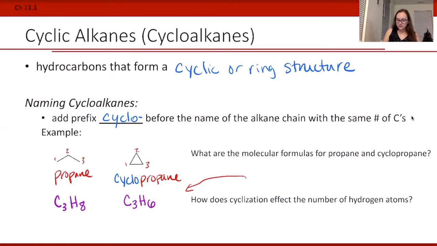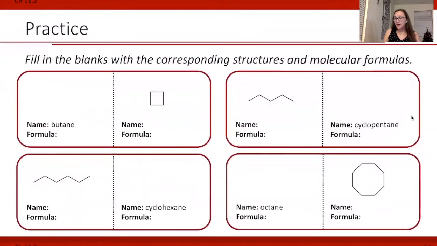So how does cyclization affect the number of hydrogen atoms? Cyclization makes it so that you lose 2 hydrogens. That's a common motif when you cyclize things. All cycloalkanes will have 2 fewer hydrogens than their parent alkane chain.